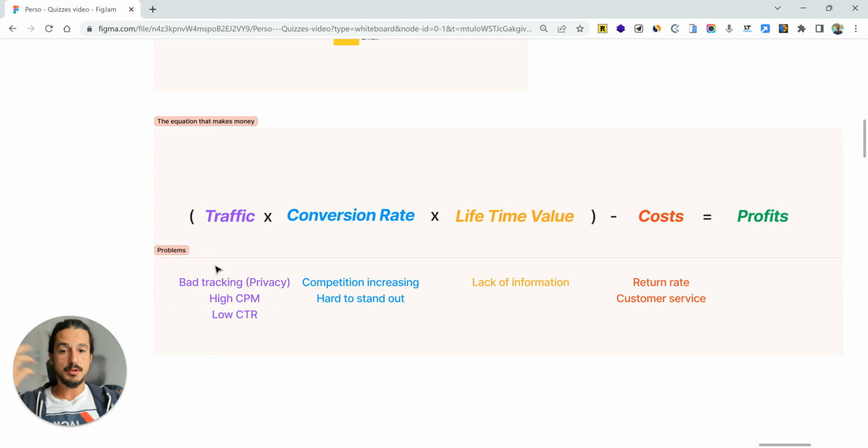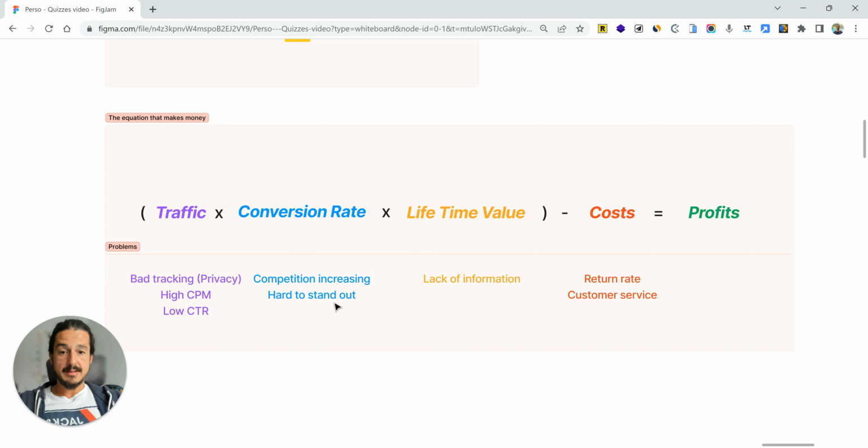It starts from the traffic, where it gets harder and harder to get the right data to track the right people, to attract the right people. And that is due to all the privacy problems. We can see higher CPM everywhere, and that is a common problem. Low CTR, because there is more and more competition, so the CTR is going down. People are exposed to more and more ads.